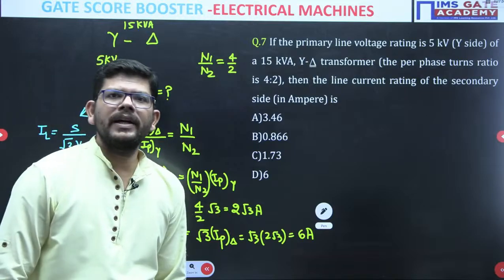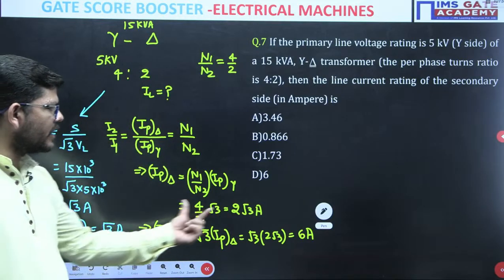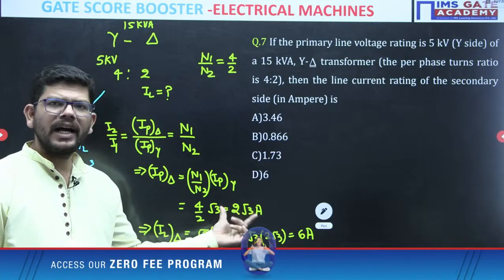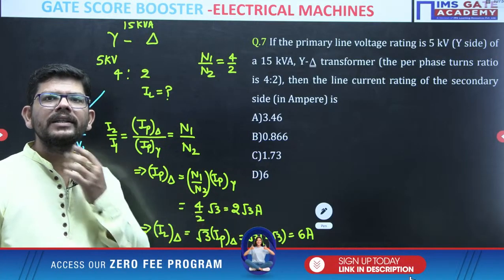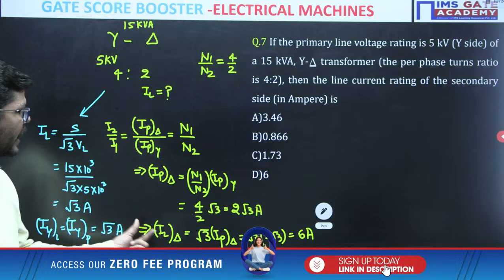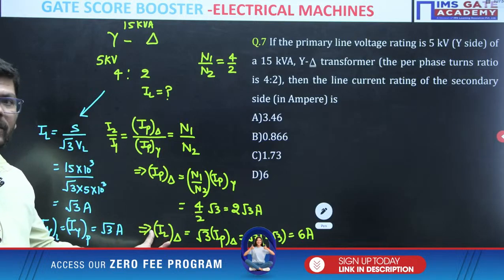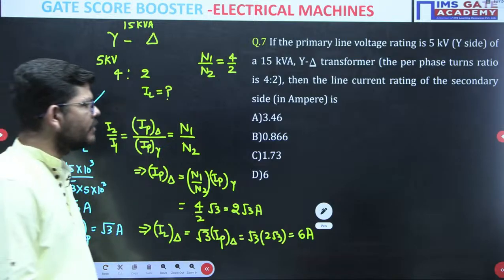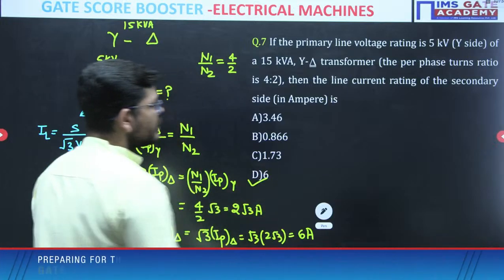Tell me guys, Bhavani, Meda, what is the correct answer? 2 root 3 means 3.46. I think you are getting that. We have to calculate the line current on the delta side, so you have to multiply with root 3 as well, correct. So the answer will be what? The answer will be 6.